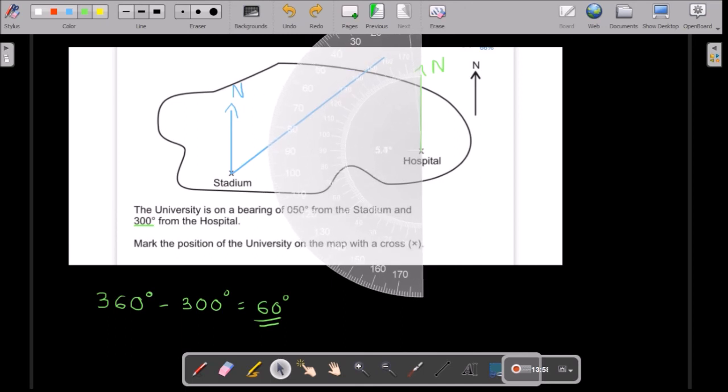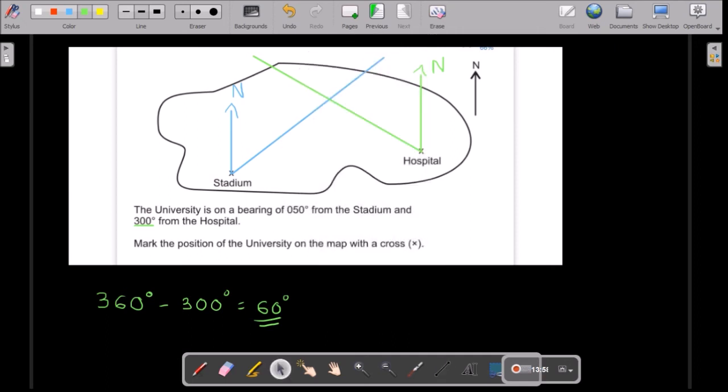I need an angle of 60 degrees, so if I go from here, that's around 60, slightly off, that should be fine. And now I'm going to draw a line along that particular line. So instead of going clockwise, I went anti-clockwise, but I did the opposite. So instead of drawing 300, I drew a 60-degree angle.